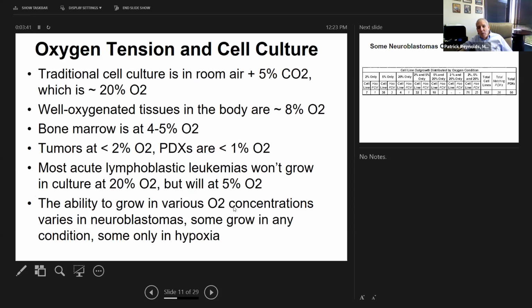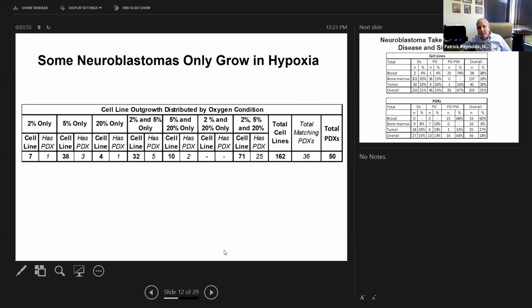We're going to look at this in neuroblastoma, because that's where we have the most data, and you'll see that just like the leukemias, a lot of these won't grow in the culture conditions that many of you are using as your standard. Look at this table here.